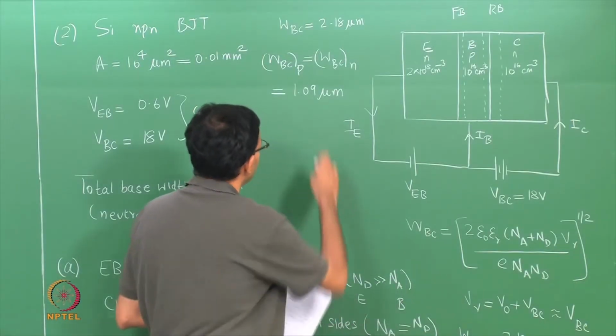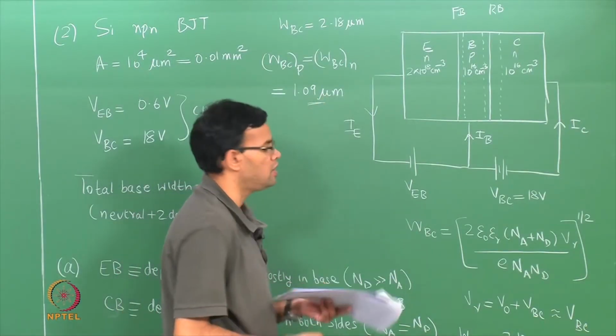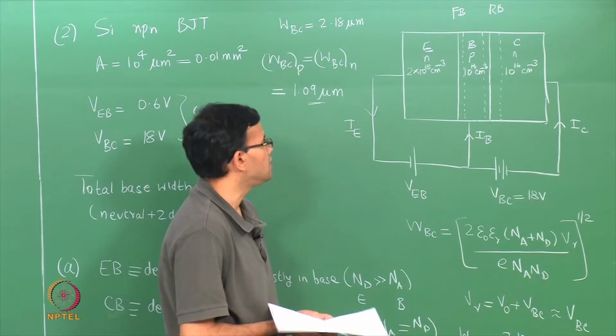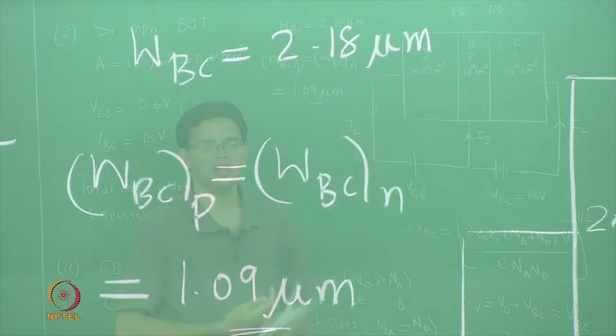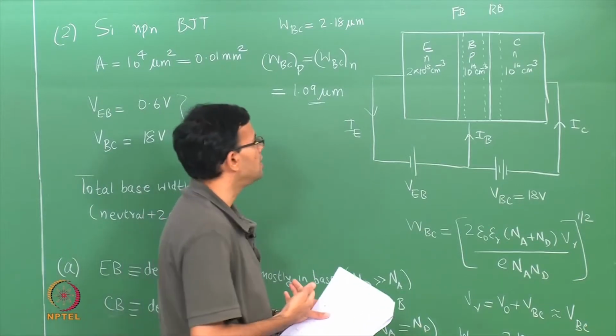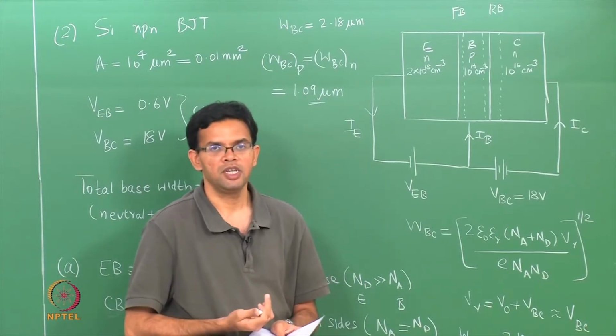So, this represents the depletion width on the base side for the base collector junction. We can use a similar argument to calculate the depletion width for the emitter base region.